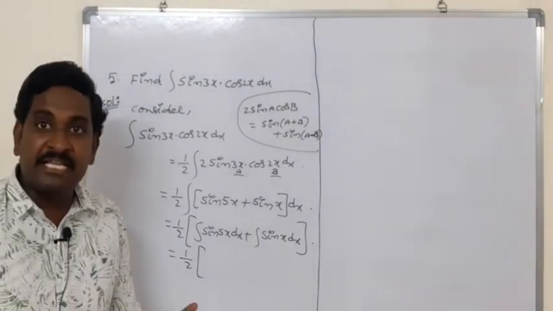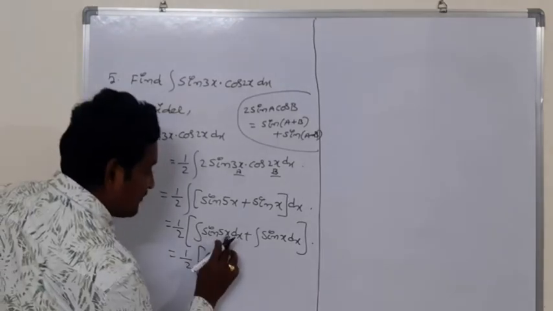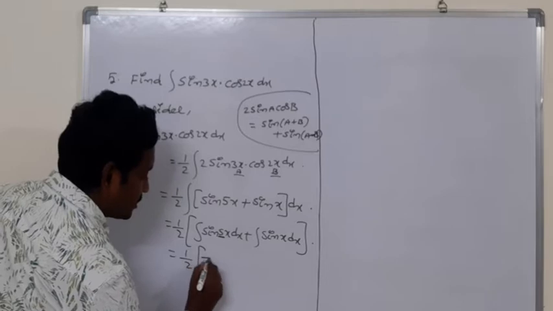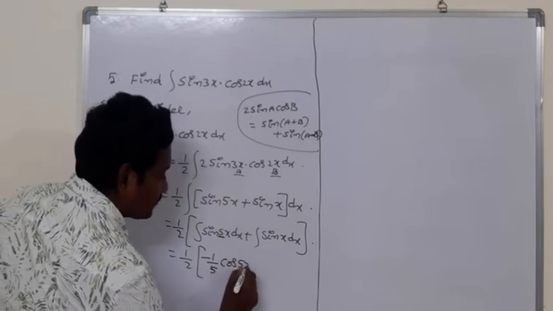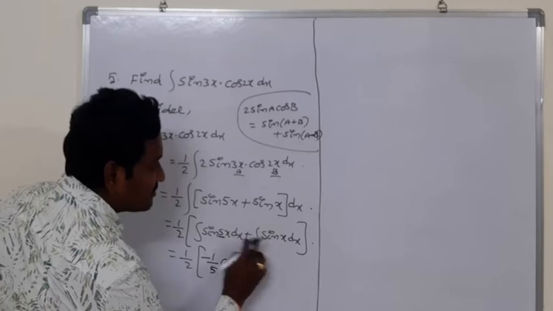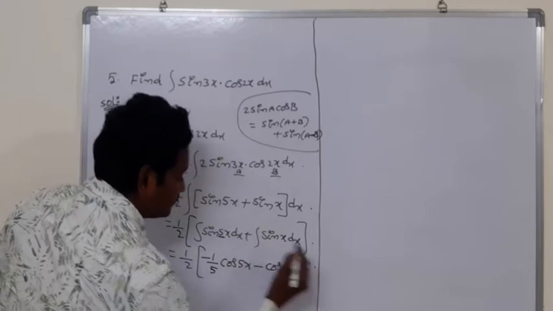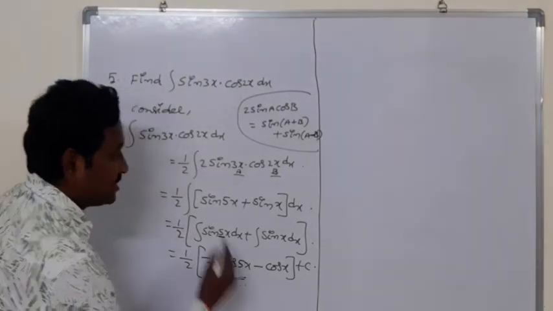Integration of sin is minus cos 5x, and don't forget to write the coefficient of x in the denominator. So you will get minus 1 by 5 into cos 5x. Here also you will get integration of sin x is negative, so minus cos x plus c. This is the result of the given integration.